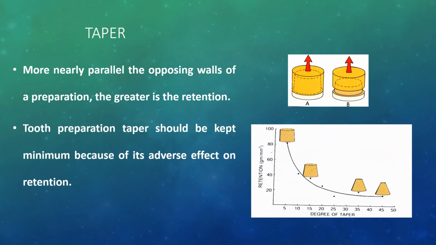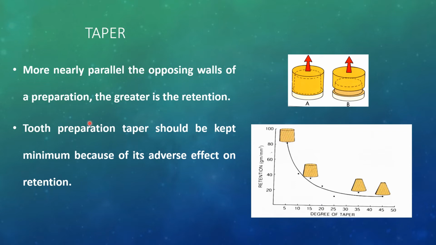Okay, guys. So, regarding the amount of taper given, or at least the taper: the more nearly parallel the opposing walls of a preparation, the greater is the retention. Any taper you give, at any degree, is going to make the crown seat properly onto the tooth structure, and it's going to enhance retention.